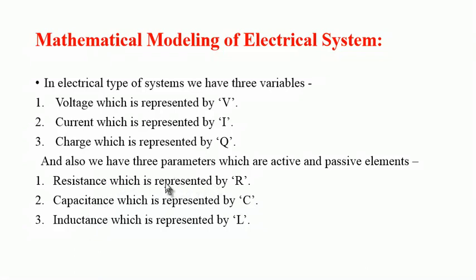Resistance is represented by capital R, capacitance by capital C, and inductance by capital L. In the previous mechanical system, mass is represented by capital M, spring by K, and damper by B. Like that, here resistance is represented by R, capacitance by C, and inductance by L.